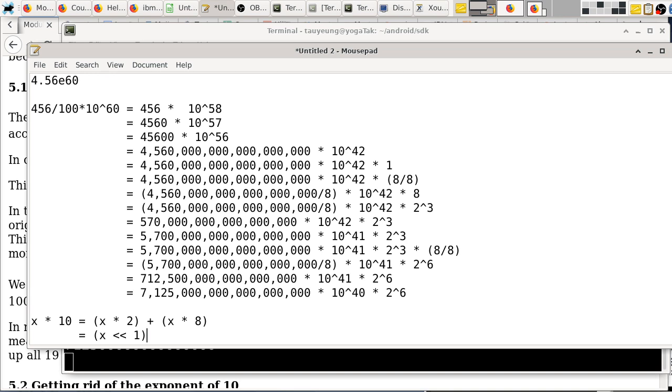That's what the left shift operator does in C and C++. What about the 8 then? If multiplication by 2 is done by shifting 1 0, what is multiplication by 8? 3. Okay.